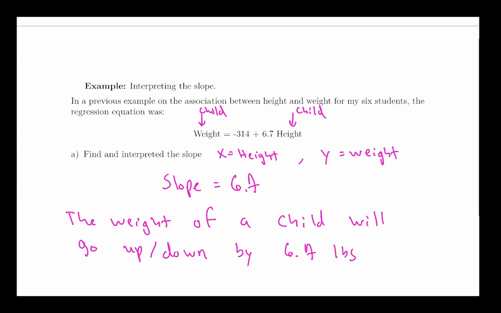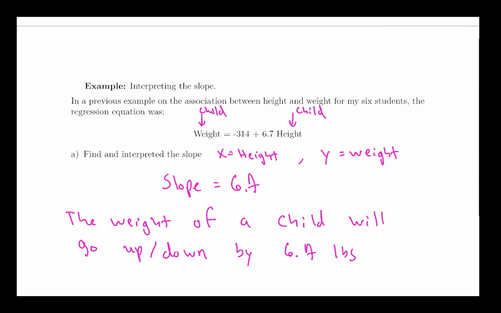All right, for this one, weight is in pounds and height is in inches, so just kind of know that. We're going to say the weight of a child will go up or down by 6.7 pounds, because the y variable is the weight. So we're going to say the weight is changing by 6.7 pounds.